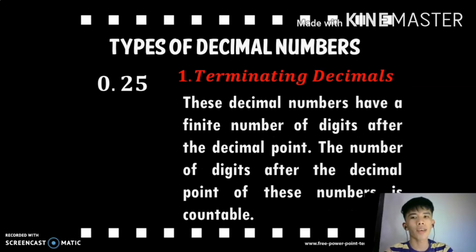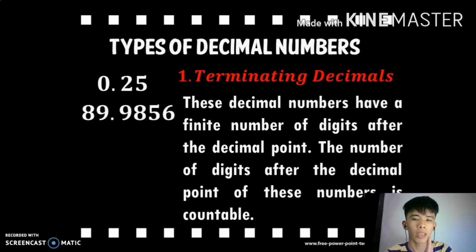These decimal numbers have a finite number of digits after the decimal point. There are only 2 digits here, and there is no ellipsis or bar above. So the number of digits after the decimal point is countable. How many? 2 digits after the decimal.